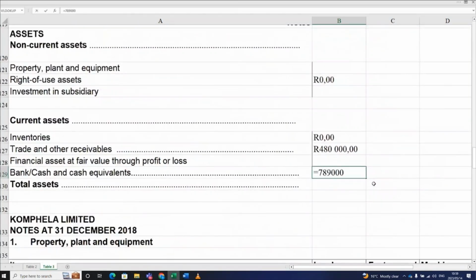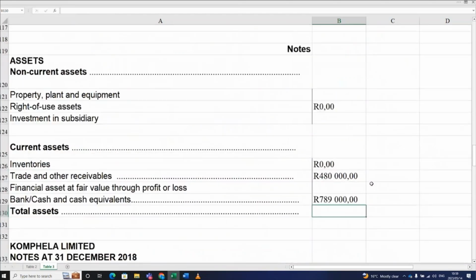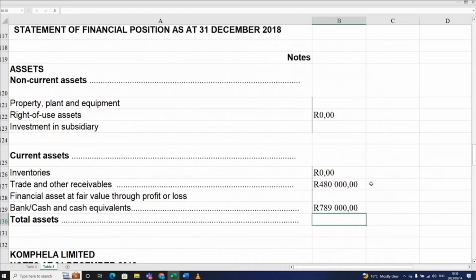You see, I don't know about you, but for me, when I start putting in these figures, it's like I'm getting points on the board. It's like I'm scoring. It's like I'm a striker for Pirates, and I'm already scoring the goals. So I'm gonna beat Kaizer Chiefs.